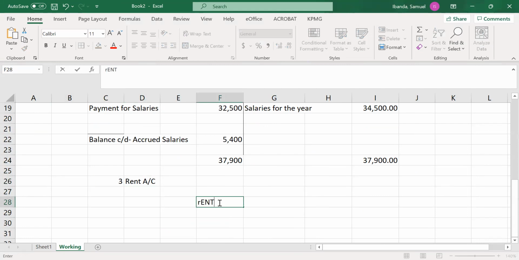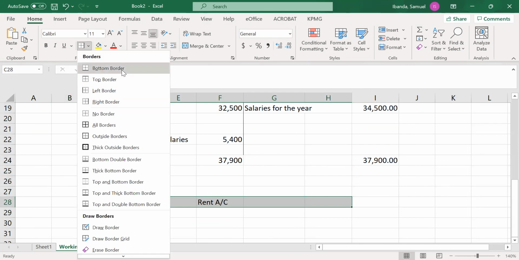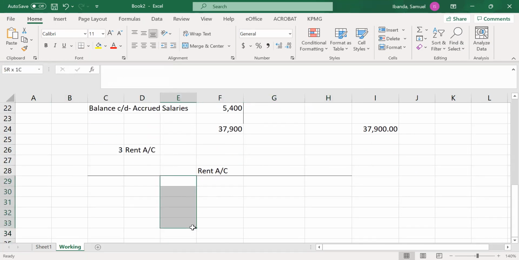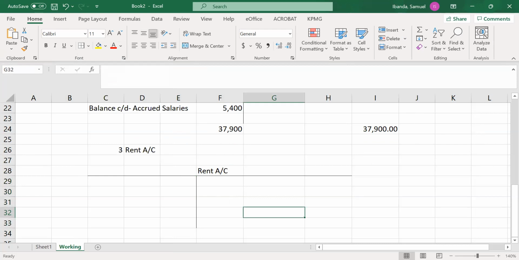So rent account. So what I'm going to do, I'm still going to look at my balances.